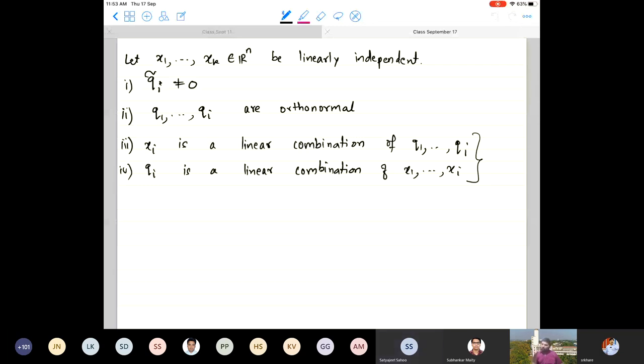Then you do a parallelogram. When you do the parallelogram law, the diagonal will be the sum of the two vectors. So if x and y are vectors like this, then in this area between the positive directions of x and y, all the vectors are getting covered.